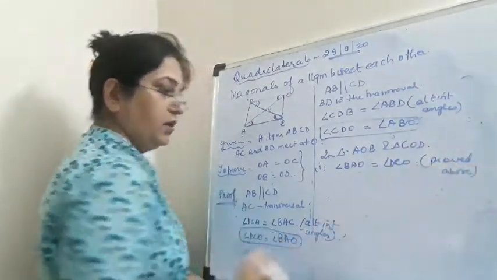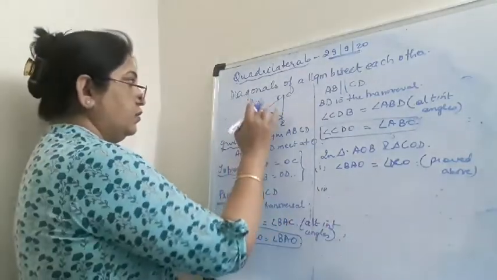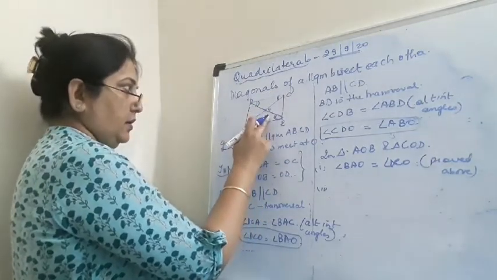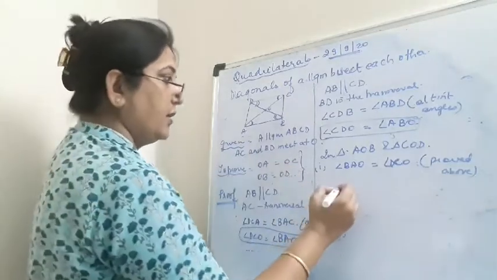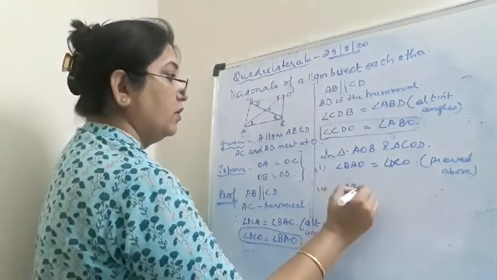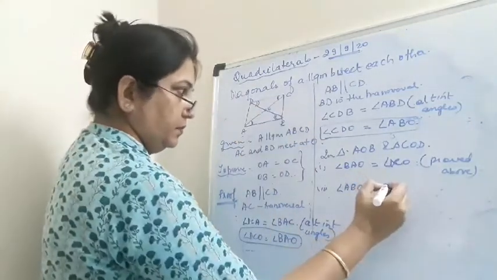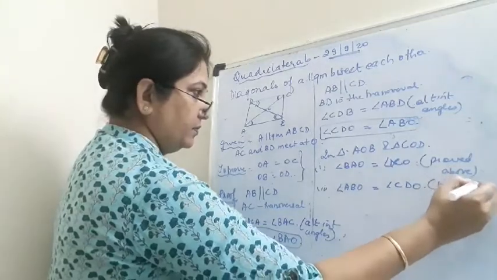Second, we have also proved that angle ABO is equal to angle CDO, proved above.